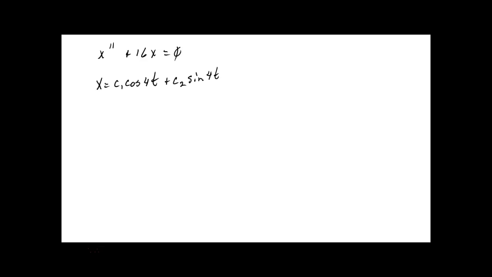Now, most of the time we have y's being primed. This one has x's. That means you have a different independent variable. Not always, but most of the time that will be true. This is a classic physics type problem.